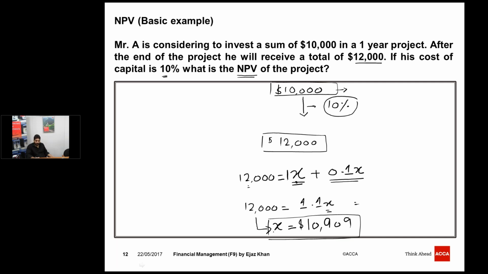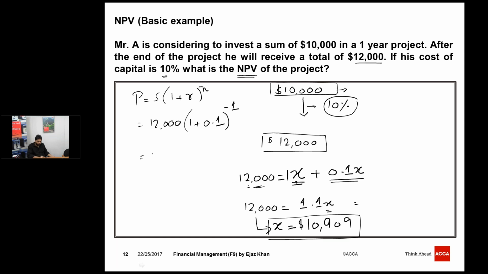We can calculate the same value with the help of the formula that we have just studied, that is P is equal to S into (1 plus R) raised to the power minus N. Just put this $12,000 amount, 1 plus R, we need a 10% return, and it's just a 1-year project.